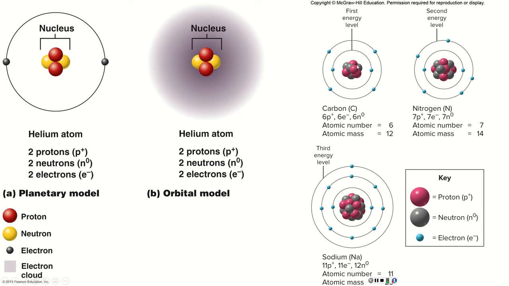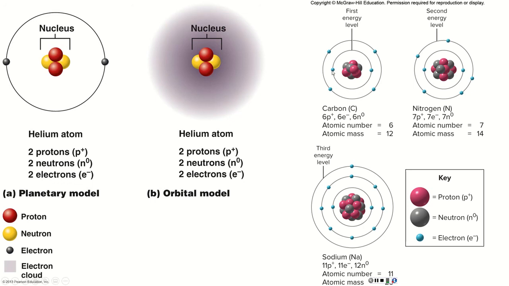We can see that there are more things going on in the nucleus, and we have added some rings. We've added some of those shells. Now, your book, for whatever reason, calls them energy levels. I don't like that term, and I hope that you don't get used to using it, because it's better to call these shells. So this is the first shell, this is the second shell.